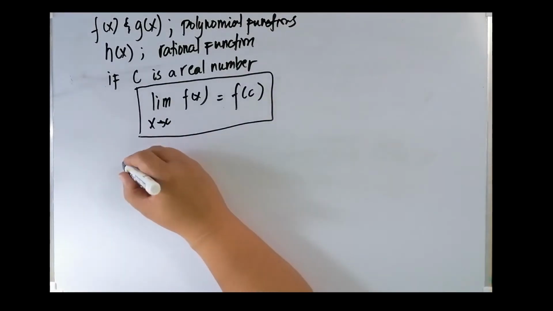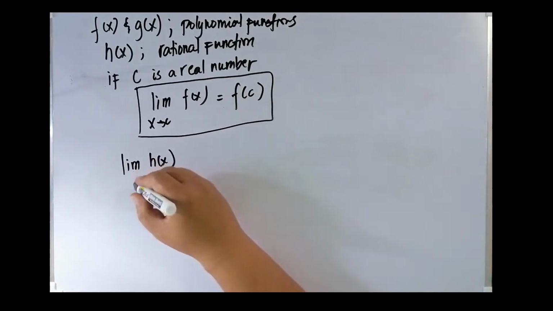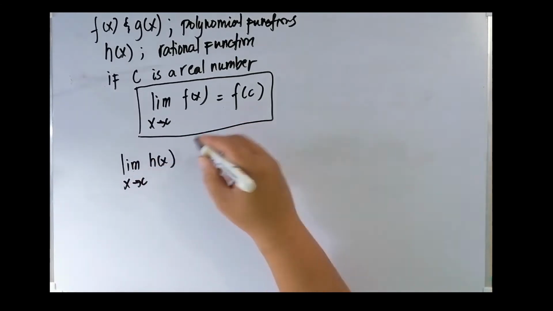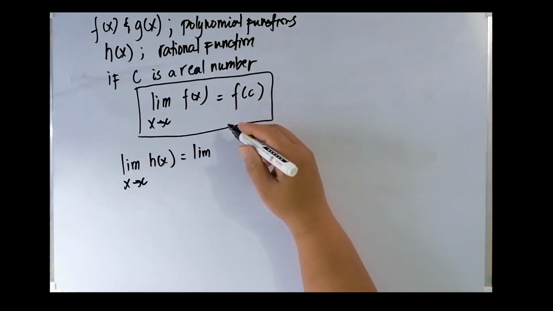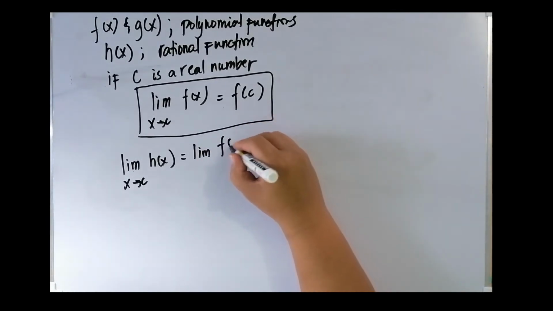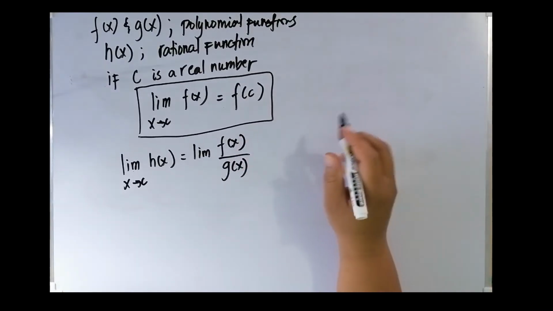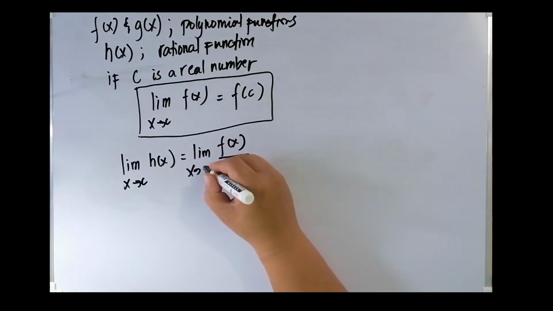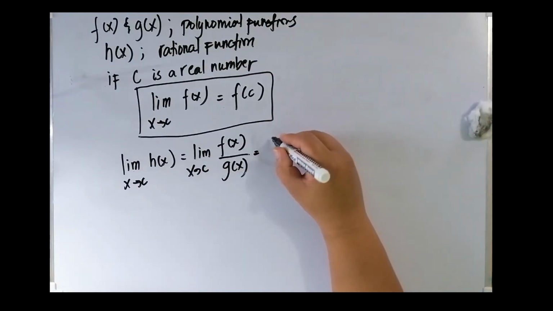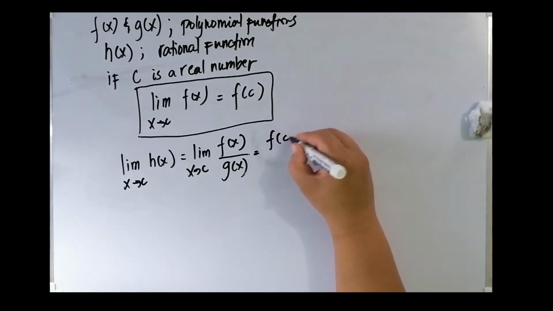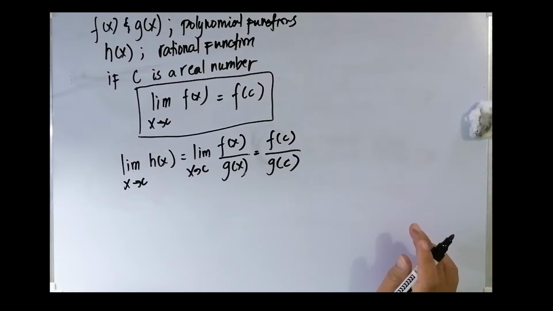And then the limit of h of x as x approaches c equals the limit of f of x all over g of x as x approaches c. And then this is equal to f of c all over g of c.